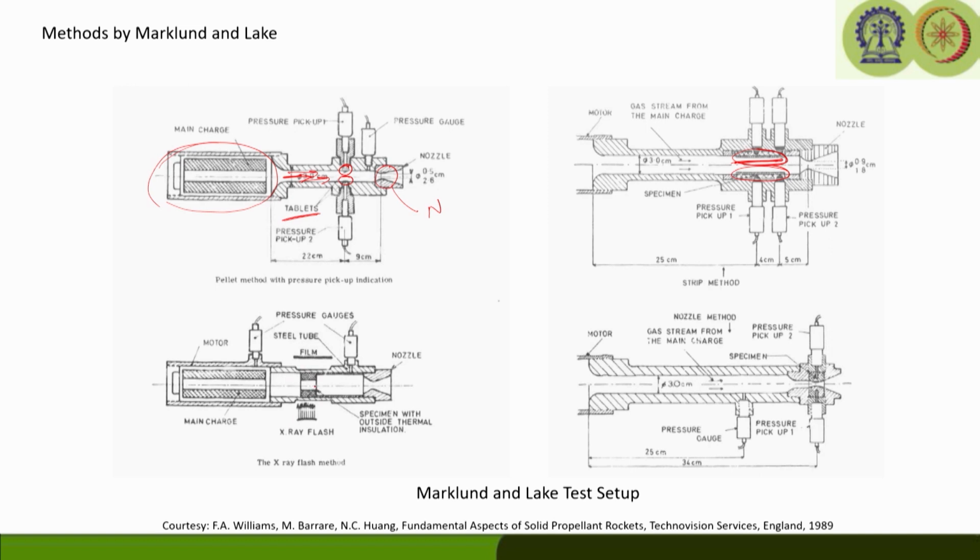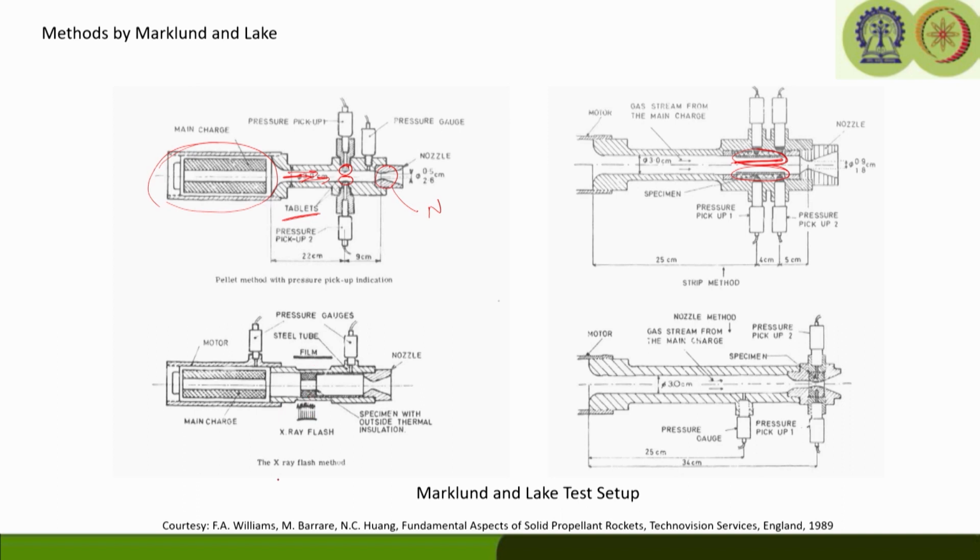There is also a method with a separate chamber, attached to a small tube which is connected to the nozzle, and X-ray is used to film how the regression is taking place.